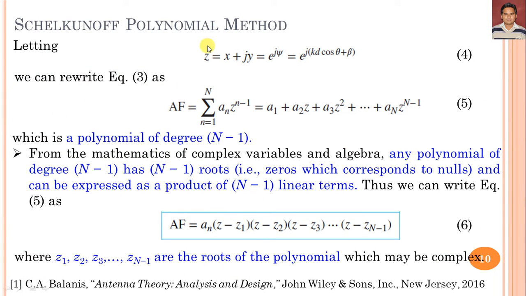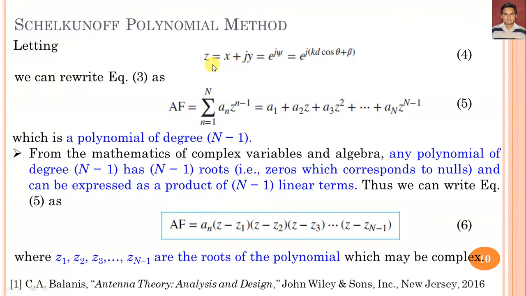Letting z equal x plus jy, equal to e to the power j psi, which is equal to e to the power j (kd cos theta plus beta). This is very important for calculating the excitation coefficients and the array factor when we are considering the Schelkunoff polynomial method.